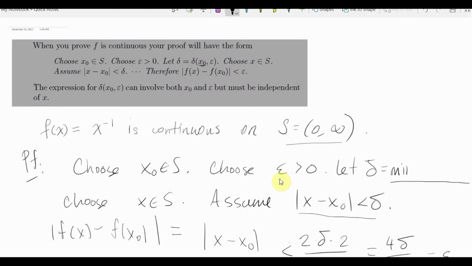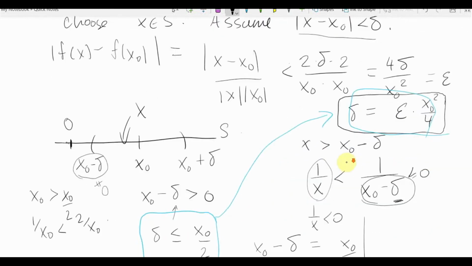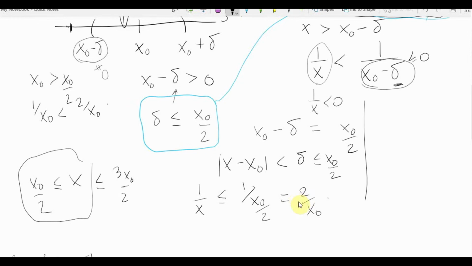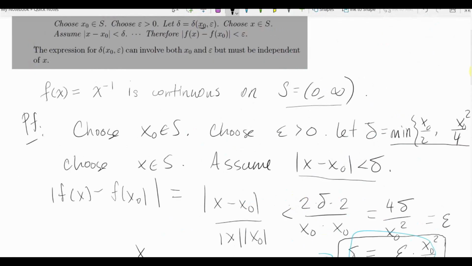So to reflect that fact, I have to take delta to be the minimum between these two values. And that will give us x naught over 2, comma, x naught squared over 4, epsilon. Well, actually, let me write it like this. Okay, so this is the particular delta that will work here.